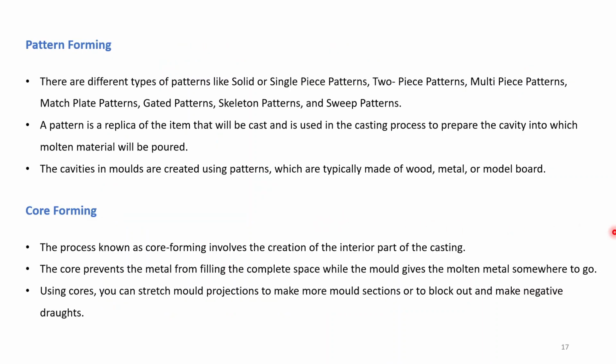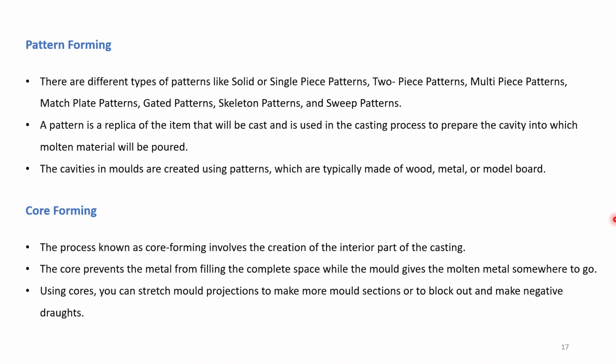The process known as core forming involves the creation of the interior part of the casting, and the core prevents the metal from filling the complete space, while the mold gives the molten metal somewhere to go. Using cores, you can extend mold projections to make more mold sections or to block out and make negative drafts.